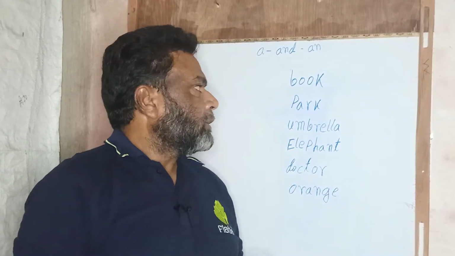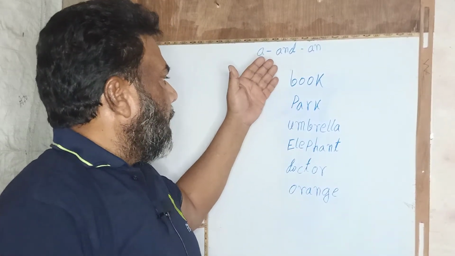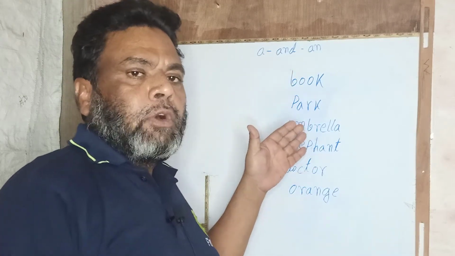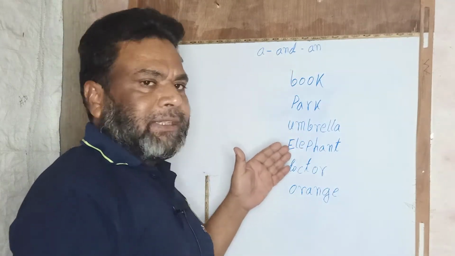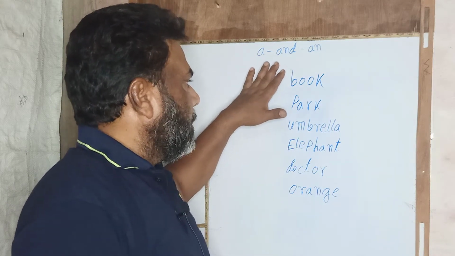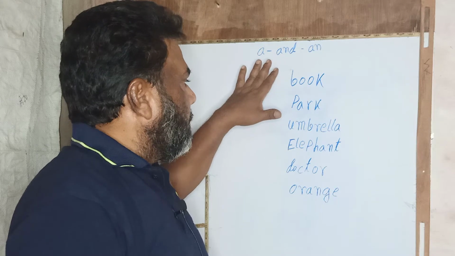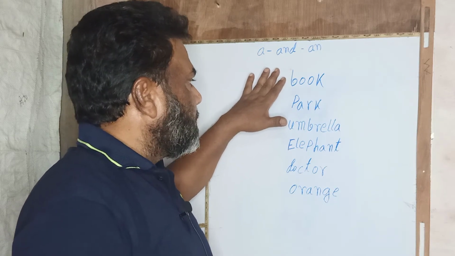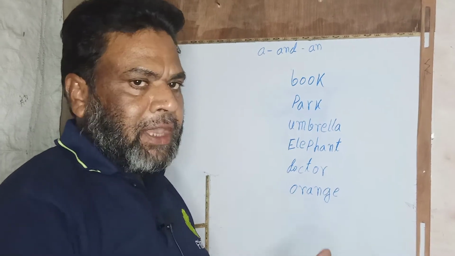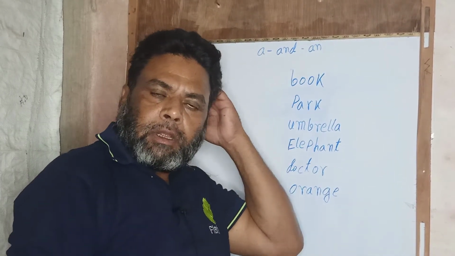Okay, let's practice more. I write here some more nouns, and we practice together. What should we put in front of the noun? The first noun is book. Book is a thing.